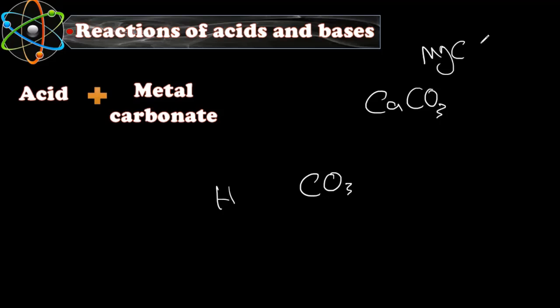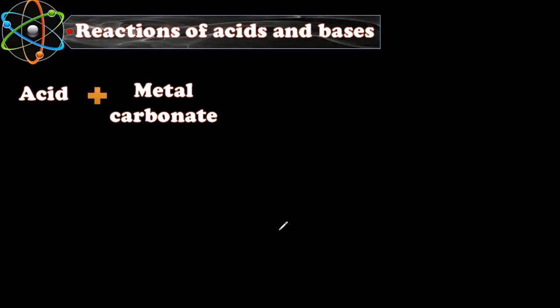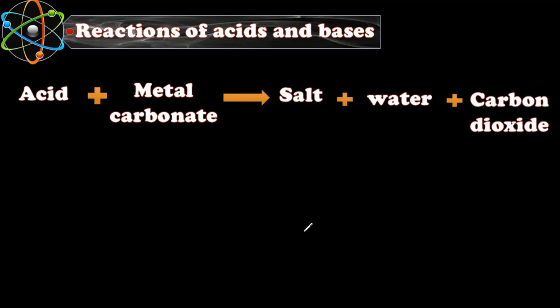Magnesium carbonate. So the hydrogen will react with one oxygen to give us water, and we will end up with CO2. So this reaction will give us water and carbon dioxide beside the salt. So acid plus metal carbonate will give us salt plus water plus carbon dioxide.